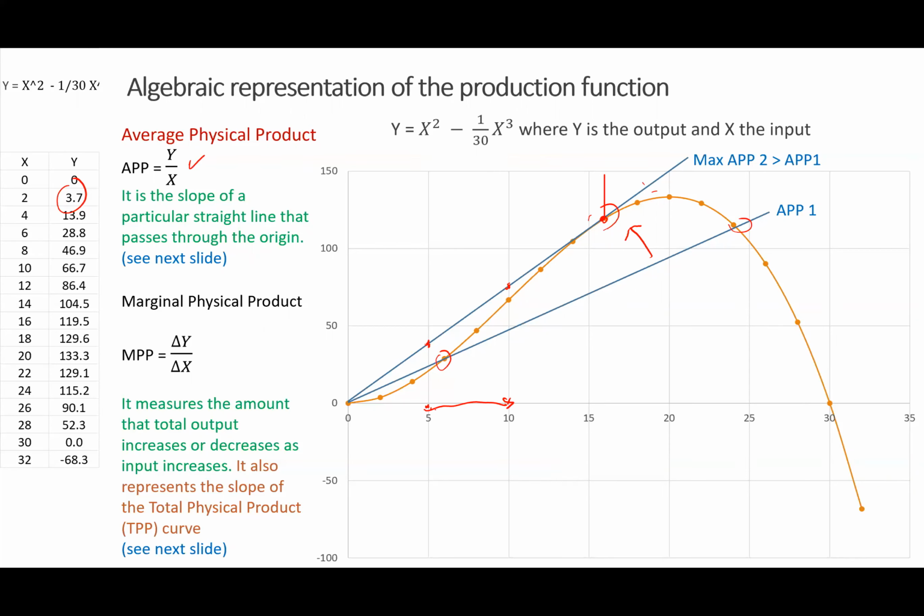If I take the derivative of that, this is what I get: of course 2x, minus 3x squared divided by 30. I have 3 here and 30 here, so I simplify and get 1 and 10. So that is my marginal physical product.